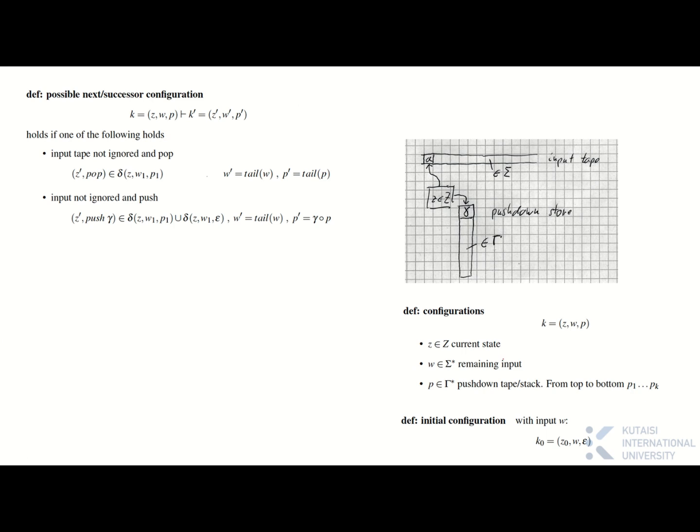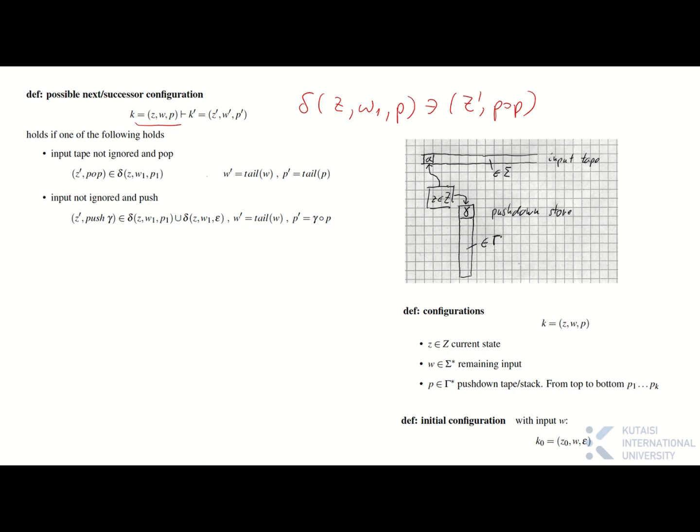It kind of zooms out when I choose the pen. But anyways, let's say my delta of Z, W1, P1 contains, so this is a set of many different things I can do, contains Z prime and pop. Then what is one of the possible next configurations from ZWP?